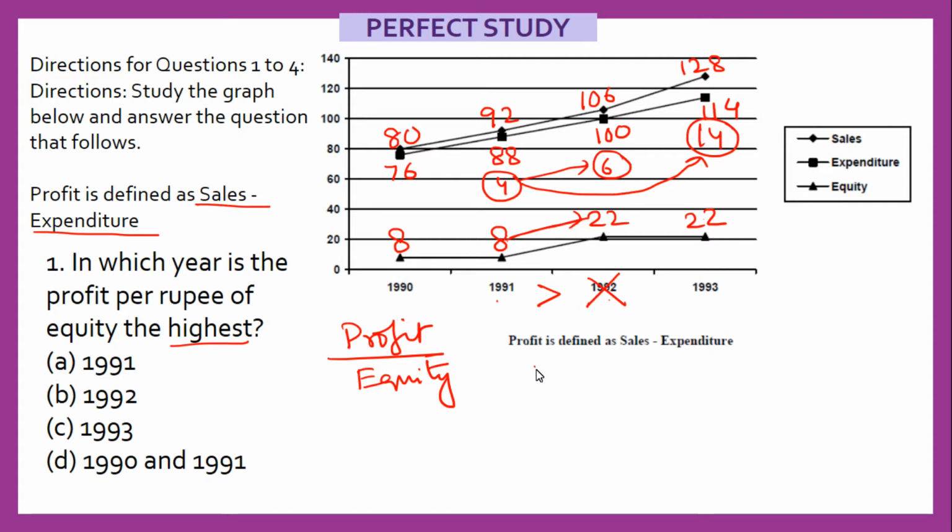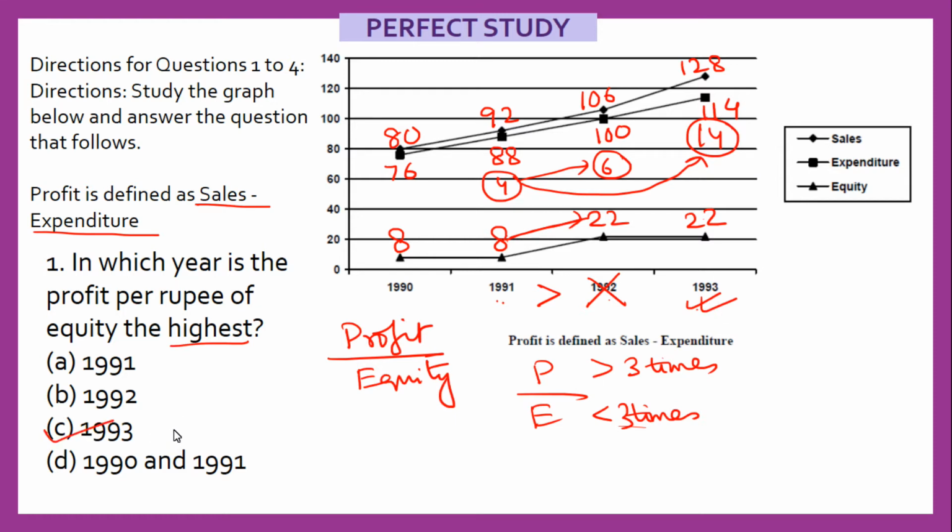So your profit is becoming more than 3 times and the equity is less than 3 times. When the rate of increase in numerator is more than rate of increase in denominator, then the fraction value increases, which means your 93 value will be more than 91 value. I am repeating, the numerator becomes more than 3 times, the denominator becomes less than 3 times. That is why the fraction value is going to be the highest here and your answer will be 1993.